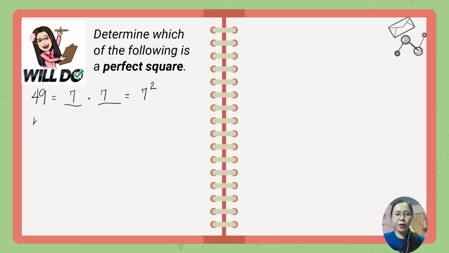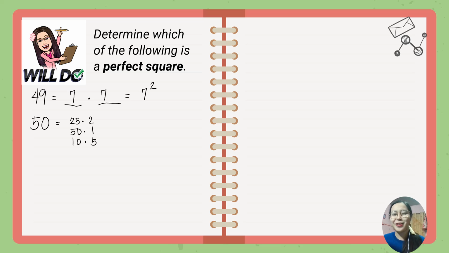Another. How about 50? Can we think of a number that when you multiply it by itself, the answer is 50? I don't think so. Let's try. What are the factors of 50? It's only 25 multiplied by 2, 50 multiplied by 1, 10 multiplied by 5.